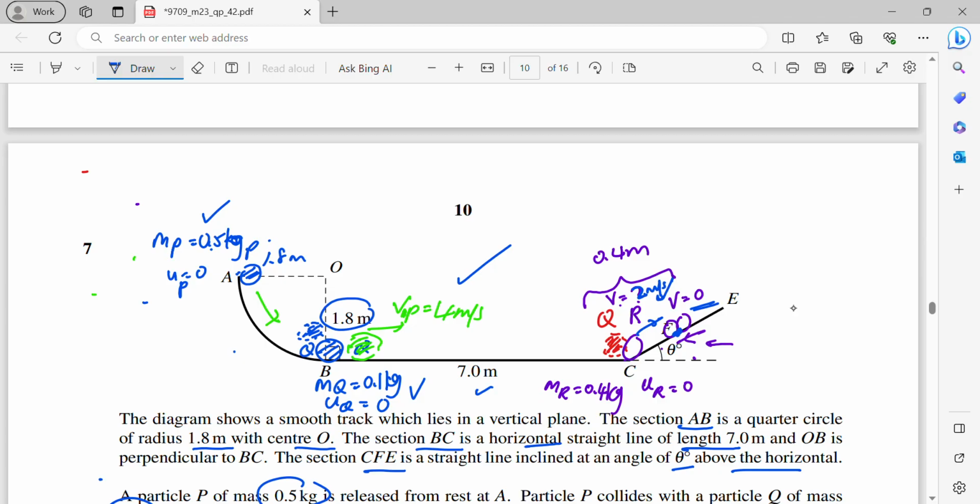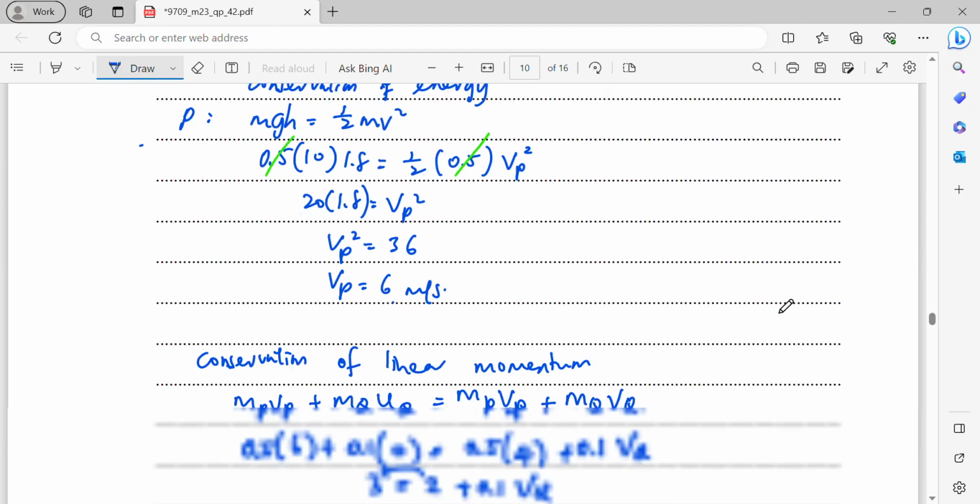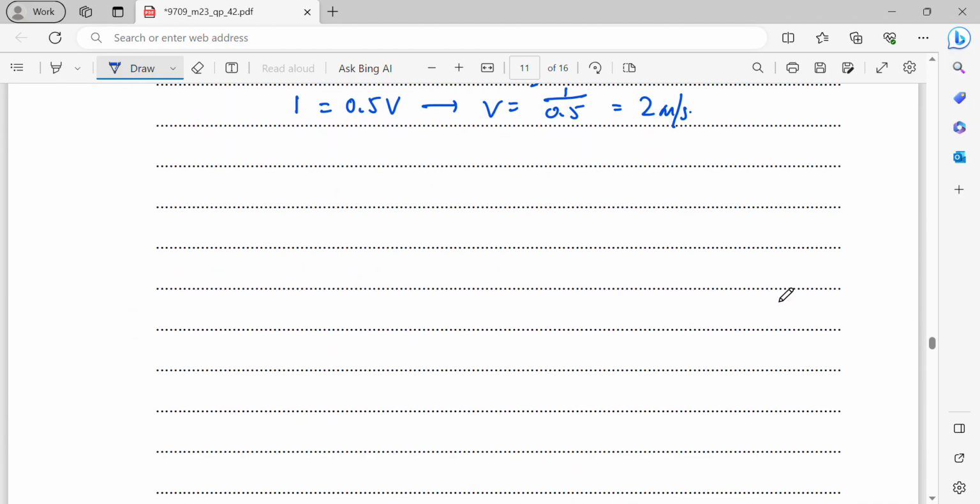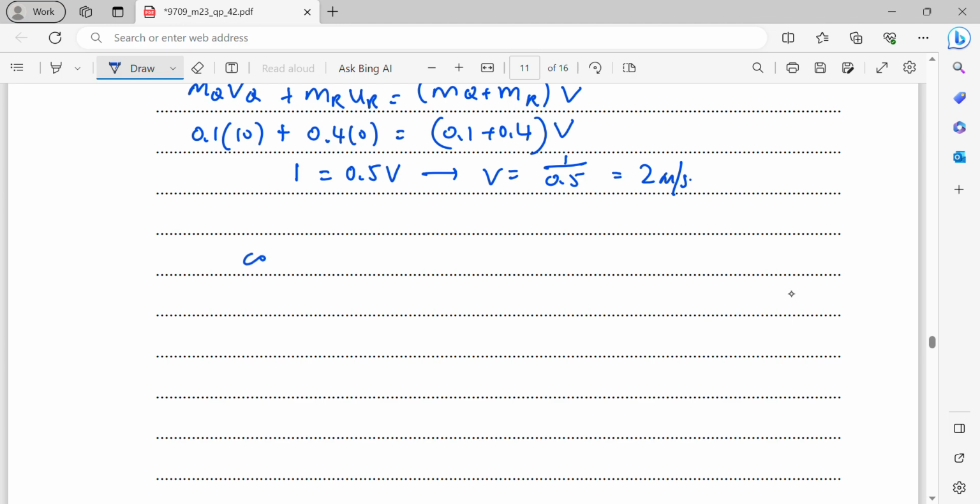the PE, gravitational potential energy. So from here, I'm going to use that to solve. Now I will start with conservation of energy. So my mgh will be half mv squared.